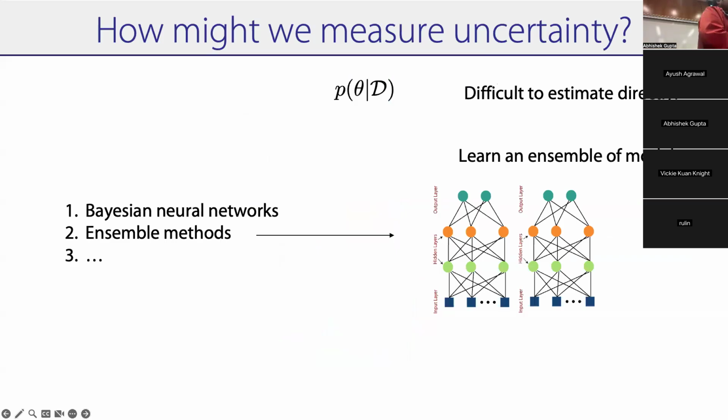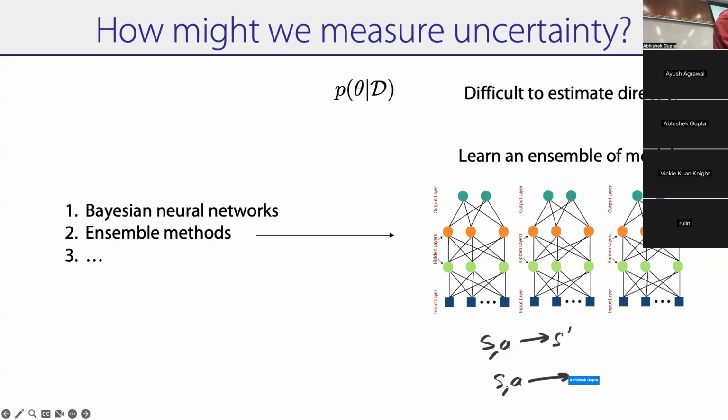Now your ensembles don't have to be point estimates. They don't have to map S and A to a point. They can also map S and A to a distribution over S prime, with a variance over S prime. So you can still capture a probability distribution in each of these ensembles.